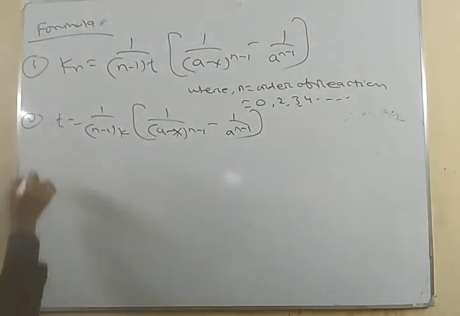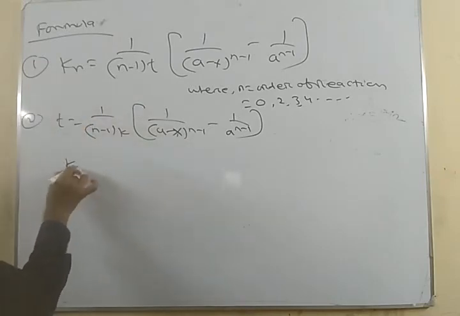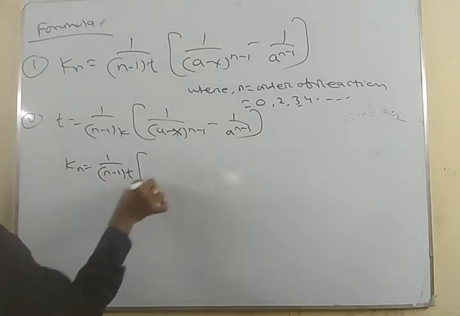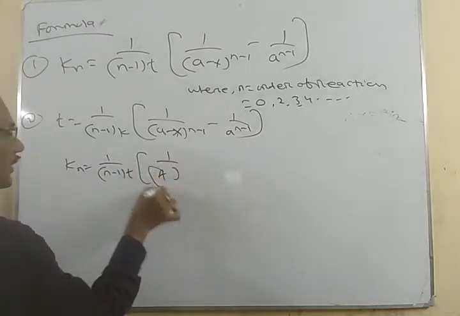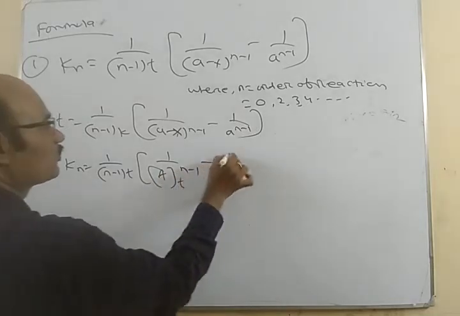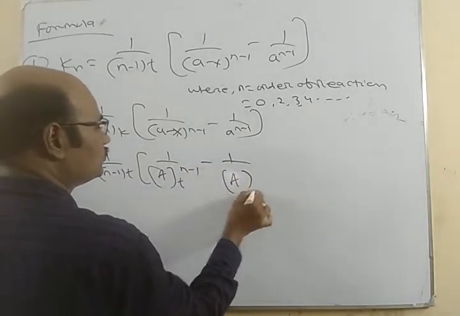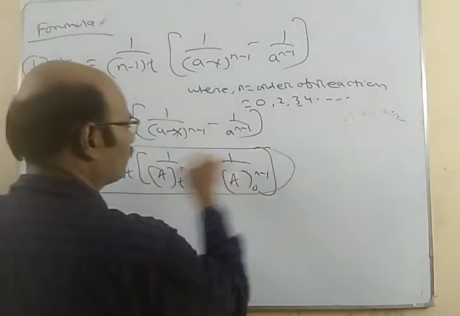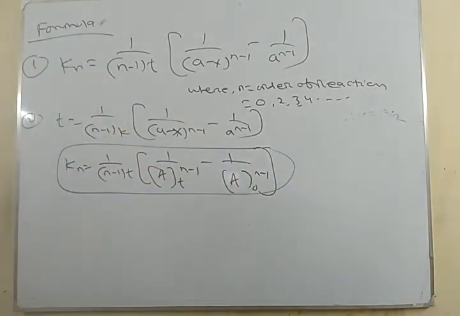Or I can also write k of n equal to 1 by n minus 1 into t into 1 by a at t power n minus 1 minus 1 by a at 0 power n minus 1. This also I can write.